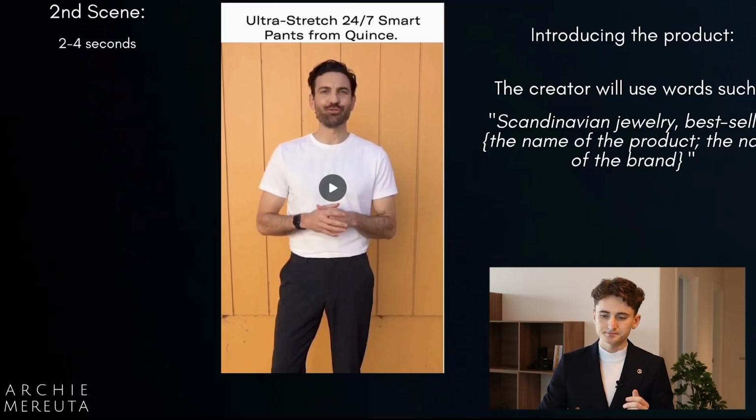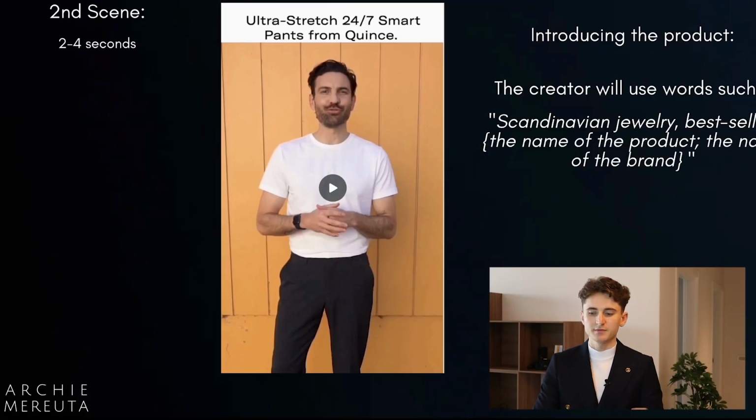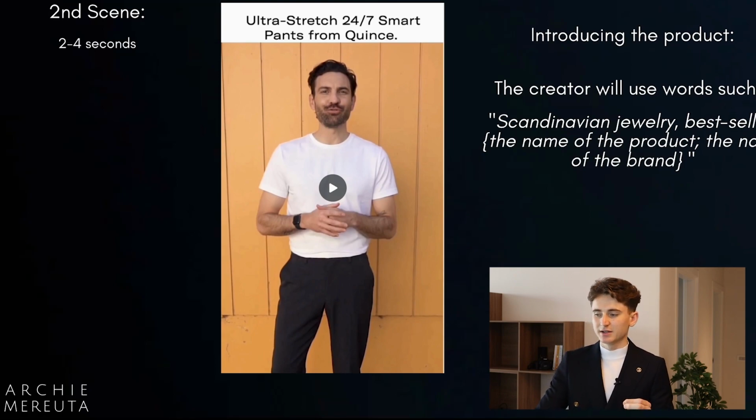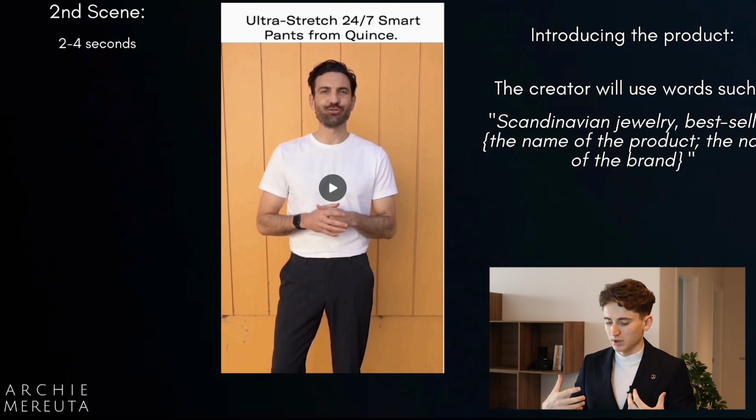And I said in the beginning of this video that it is important for the content creator to be extremely authentic and not sound like an ad. So here is already the place where I will give some kind of direction to the video creator.